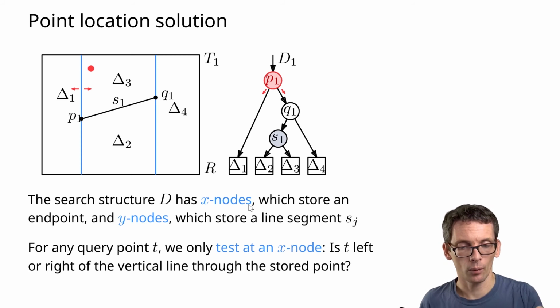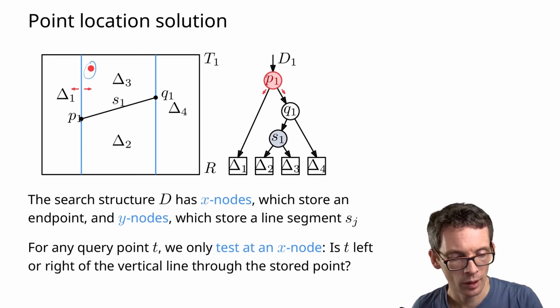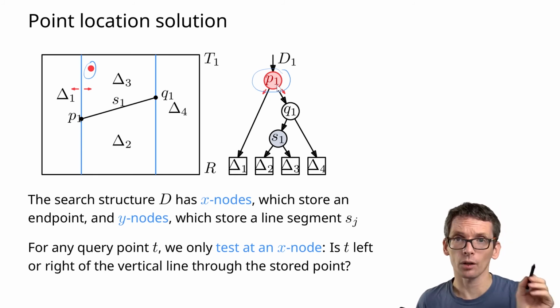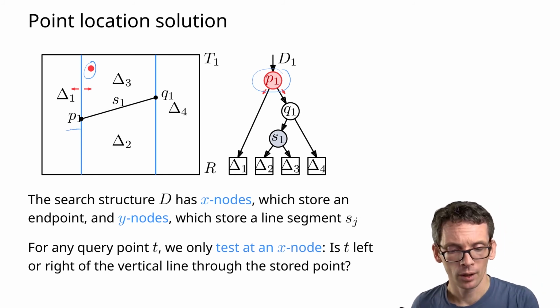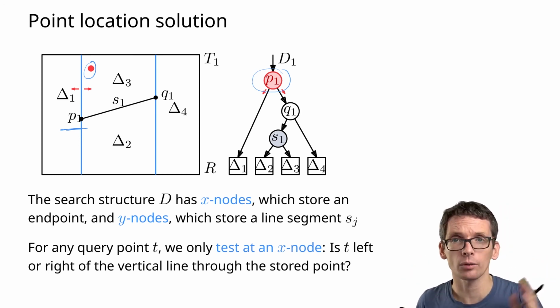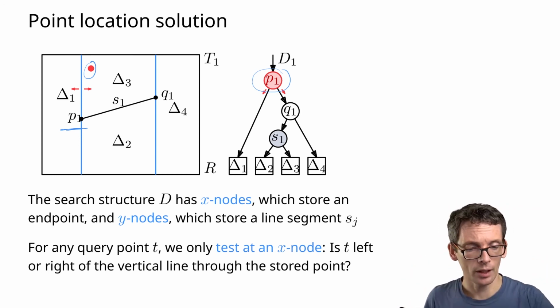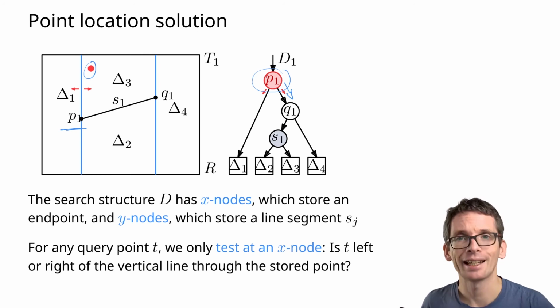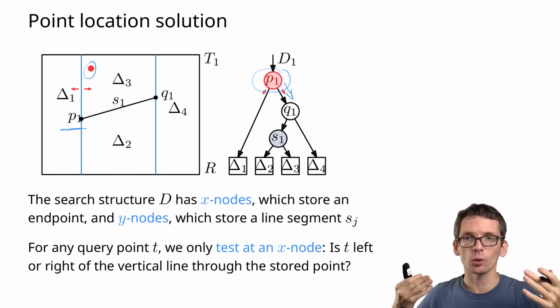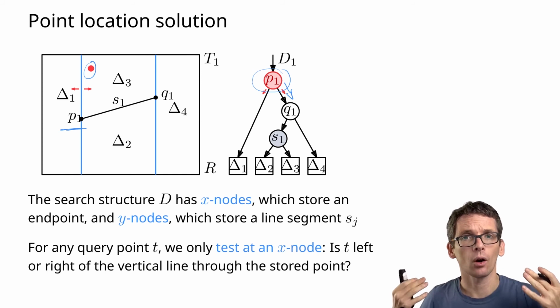So here we have a query point, and if we have an X node here indexed by a vertex of a line segment, P1, then we're going to decide whether we are to the left or right of P1. In this case we're going to the right, and that would mean that we continue our search here. So at an X node we test left or right, and X nodes correspond to vertices of line segments.